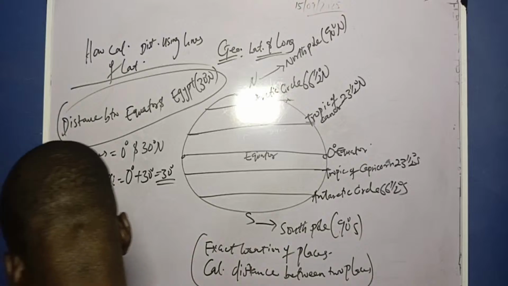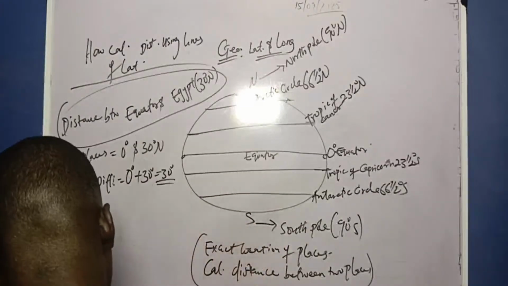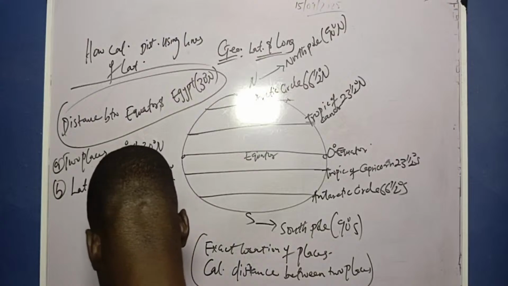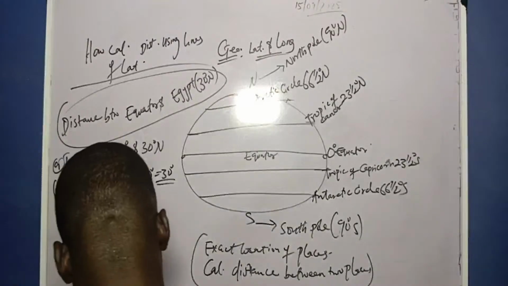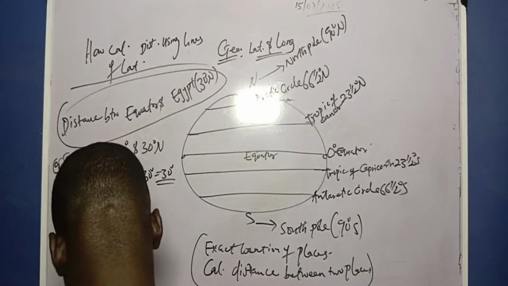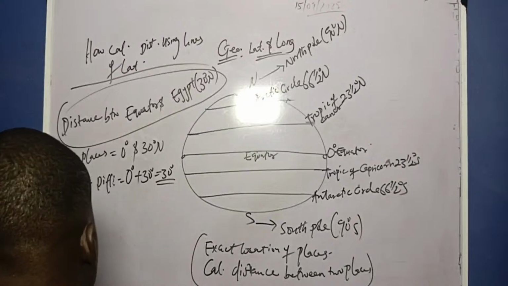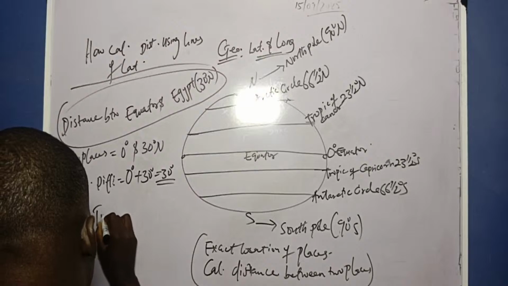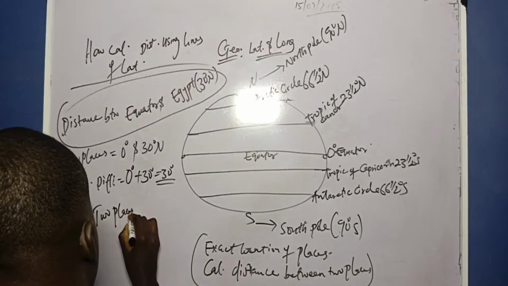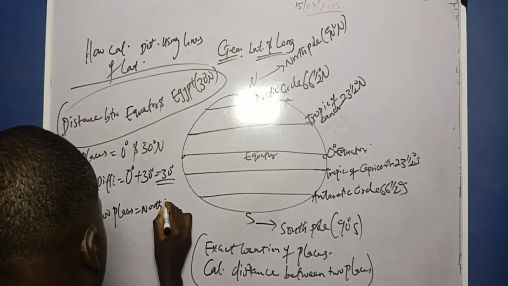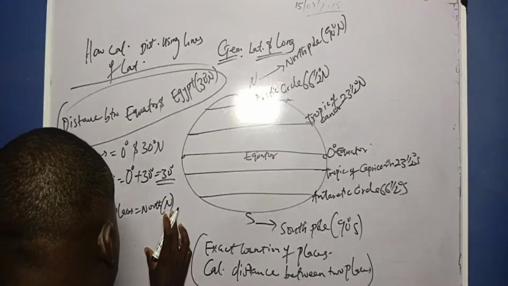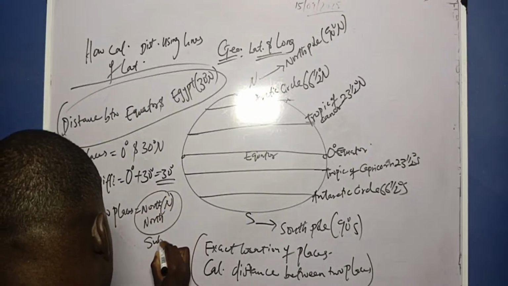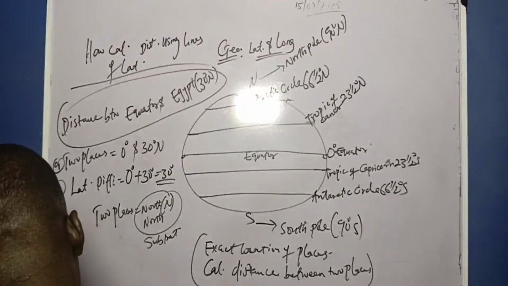The reason is this: when you have two places that are both north, you subtract.